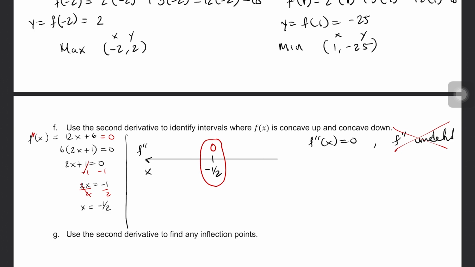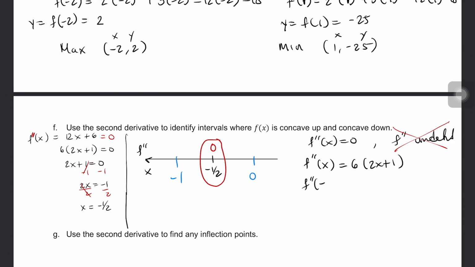So what we need to do here is just figure out what is happening on the left side of negative 1/2, for which we can use negative 1, and on the right side of negative 1/2, for which we can use 0. So now that we have this, we're going to go ahead and test these numbers. So we have 6 times 2x plus 1.